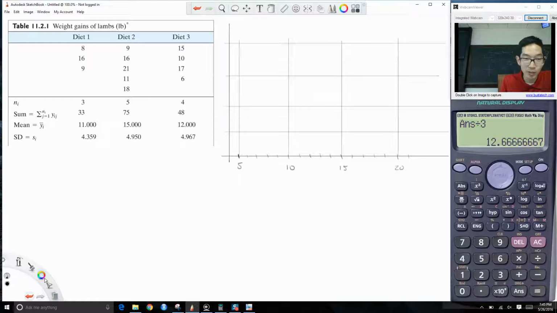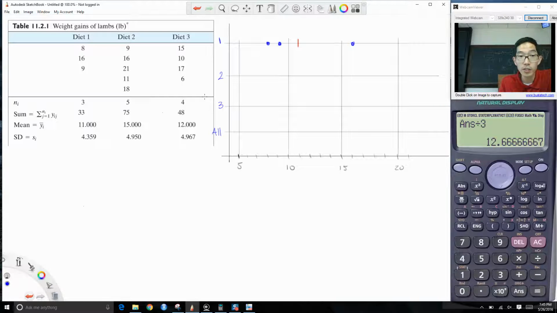All right, so I'm going to just put dots. So this will be diet 1, diet 2, diet 3, and this will be all of them together. So on diet 1, I have a lamb that gained 8 pounds, a lamb that gained 16 pounds, and a lamb that gained 9 pounds, okay? And diet 1's group average is 11, which is right here. So that's its group mean.